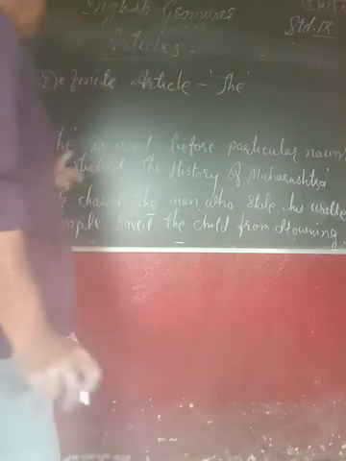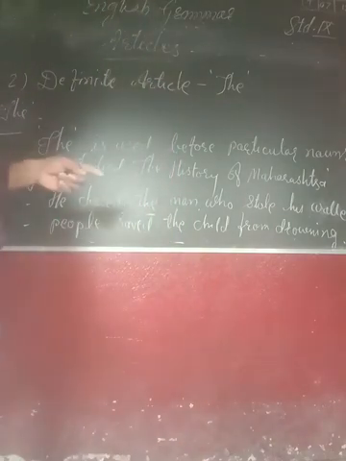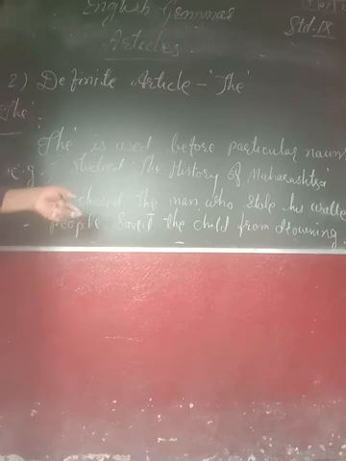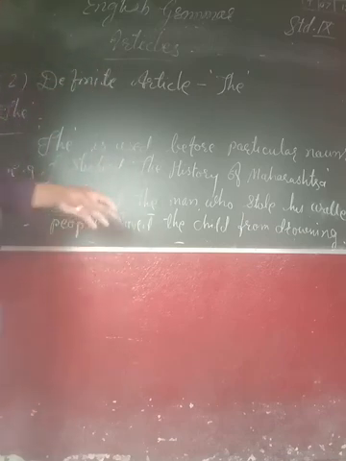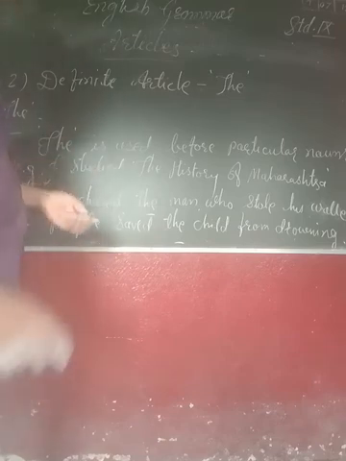Child is actually a common noun, but "the" is used. What does that show? It is a clear indication that it shows the particular child, the child who was drowning. So that child people saved. In such a way, "the" is used before common nouns also.